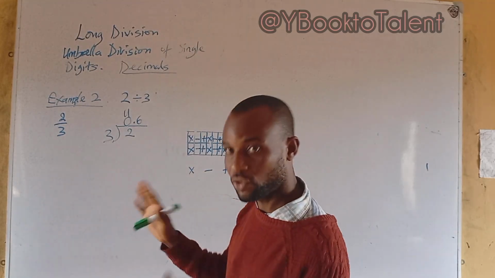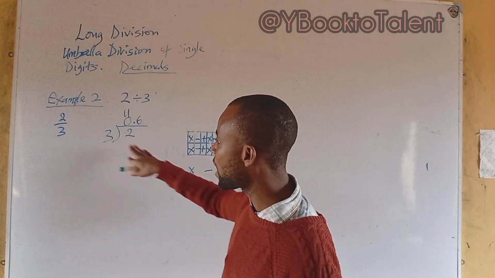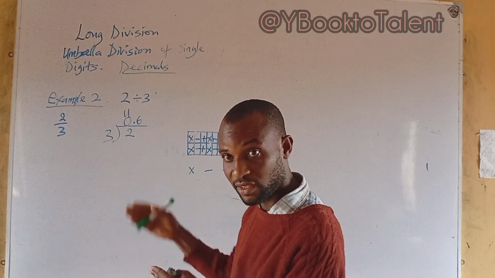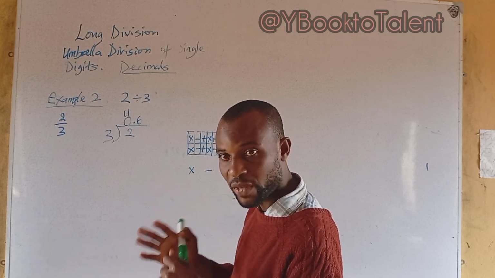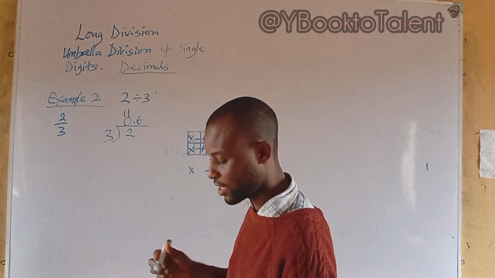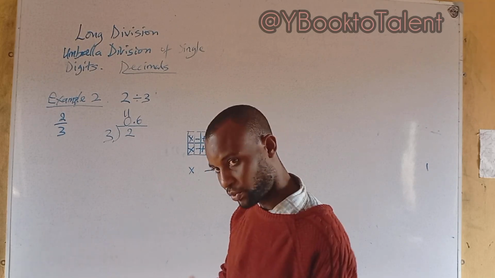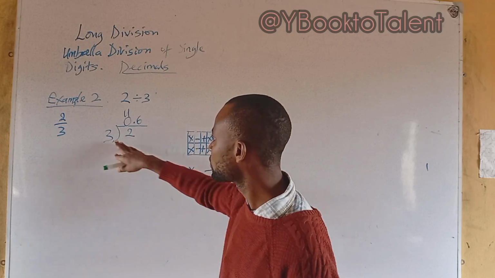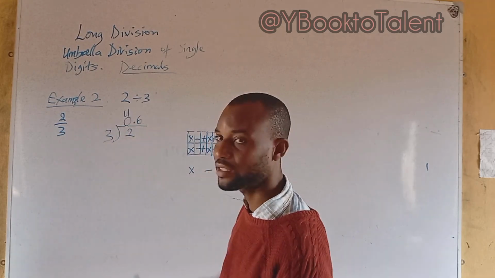Or again, there are 6 threes in 20, because 6 times 3 is 18. So you look at the number and ask how many times can I possibly group 3 out of the 20 items? So it's going to be 6.